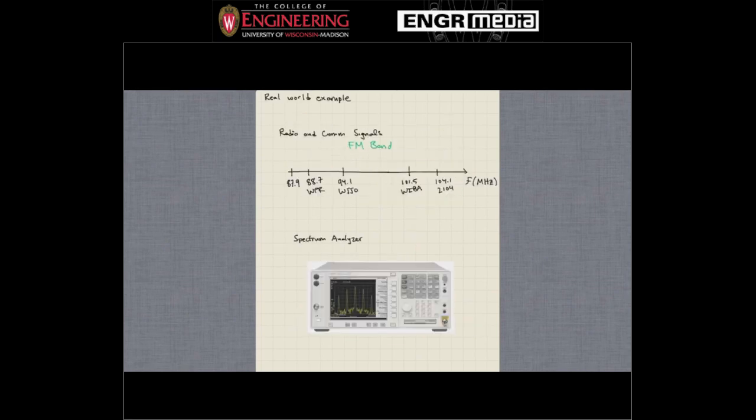So let's see very quickly a few real-world examples of this. One that we're all familiar with is FM radio, the FM band. In older radios, you'd have a dial, and you could move the dial around and select a particular frequency. If you were to look at the spectrum of the FM band, you'd have different sinusoids at different radio stations.